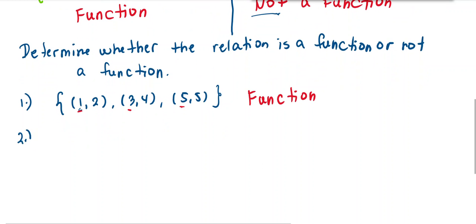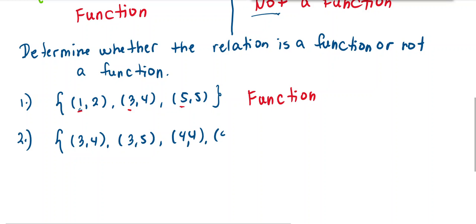Okay, number 2. We have a set of ordered pairs (3, 4), (3, 5), (4, 4), and (4, 5). Is it a function or not a function?